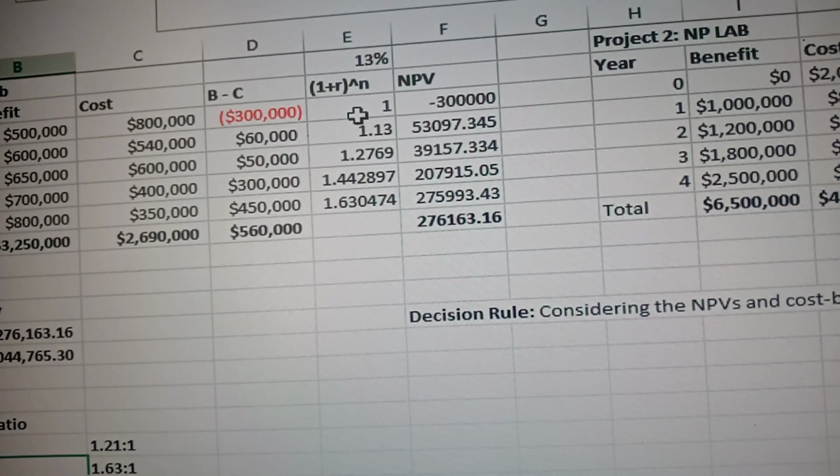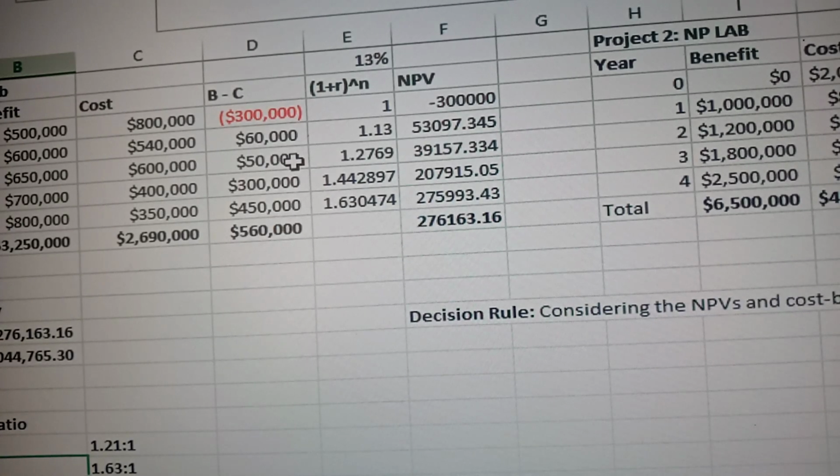Now the next column, E, is what is called the discounting factor or the discount factor. It is the most important thing that we can use to discount all the values into their present value. If you remember from the beginning of the introduction, I mentioned that the cost-benefit analysis tool employs the principle of time value of money.